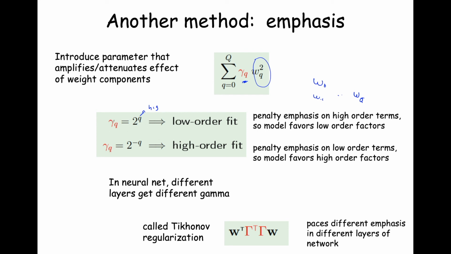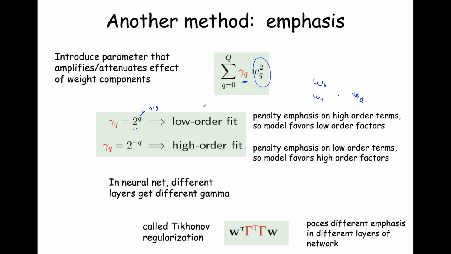And if our gamma is structured as 2 to the q, well, as q gets really big, i.e. a higher order term or weight corresponding to a higher order term in the polynomial, that's going to hurt more, right? The contribution for a higher order term is going to add a lot of penalty to your optimization.